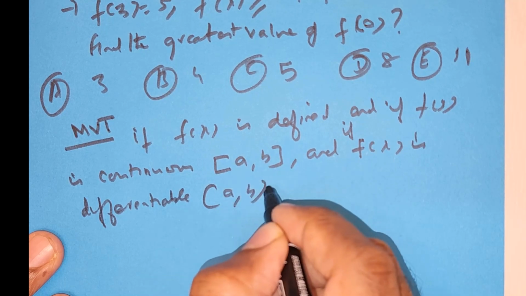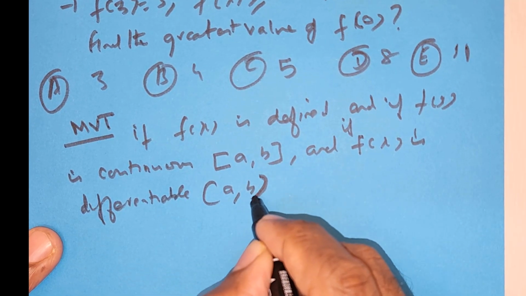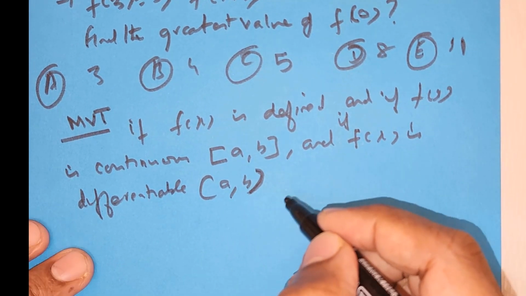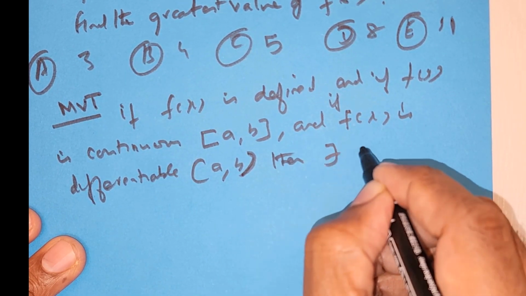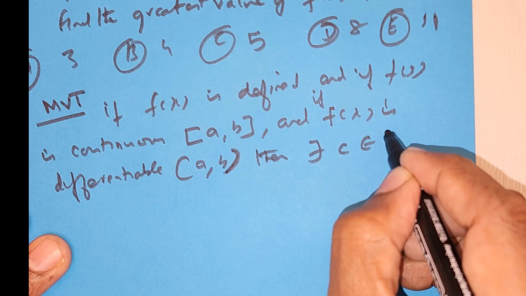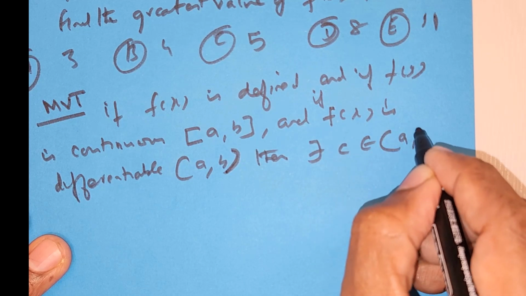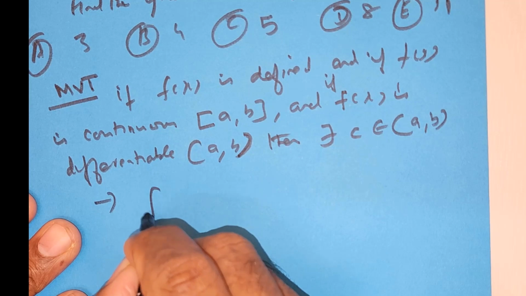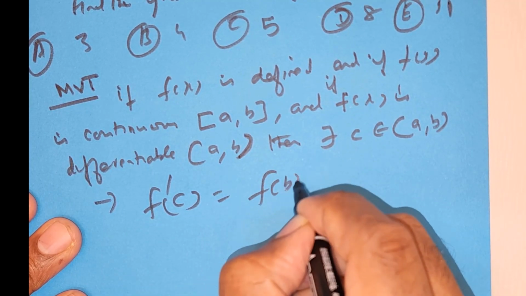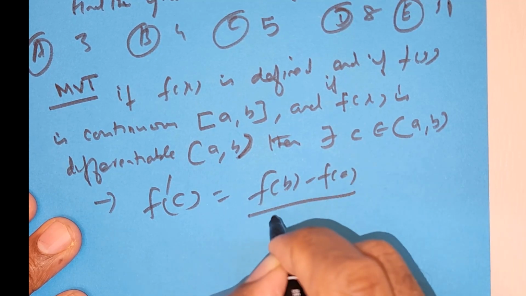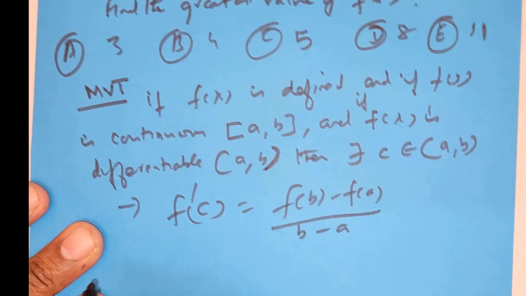Now this is closed interval for continuity, open interval for differentiability. Then there exists a c present in the open interval a comma b such that f dash of c is going to be f of b negative f of a divided by b negative a.